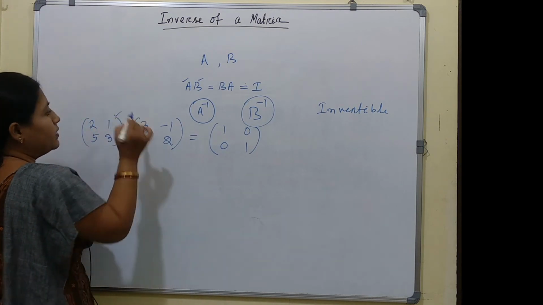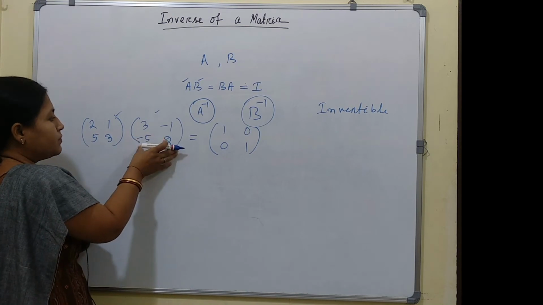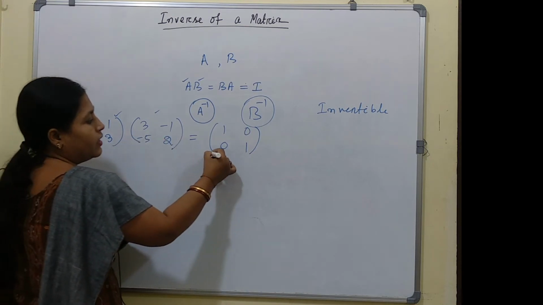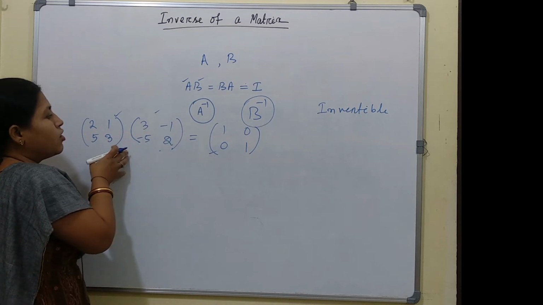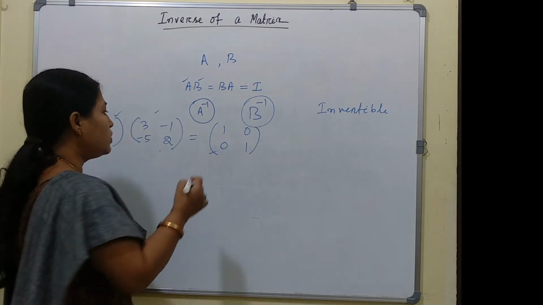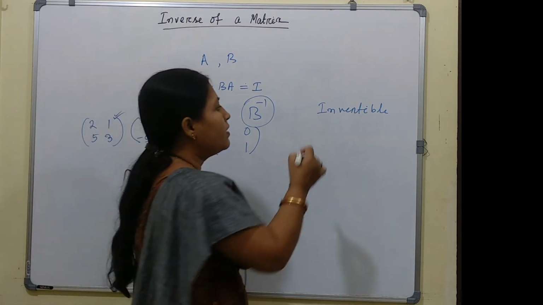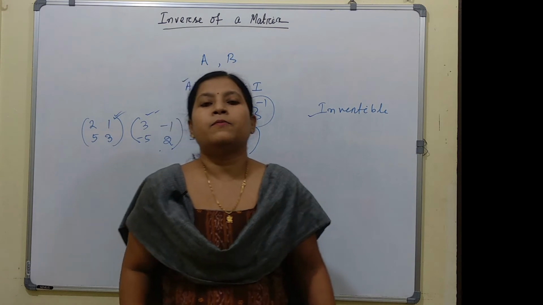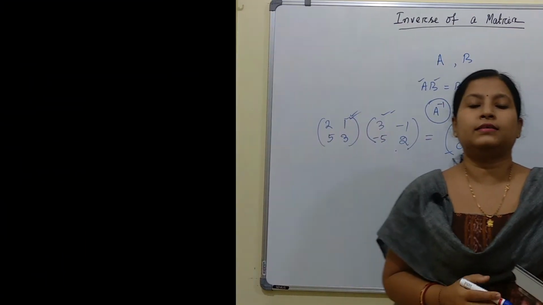So this matrix is the inverse of the other, and if we multiply them and get the unit matrix, then each is called the inverse of the other. Here these two matrices are invertible matrices because their inverses exist.